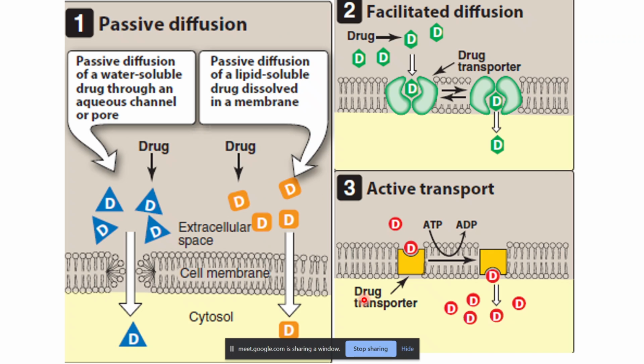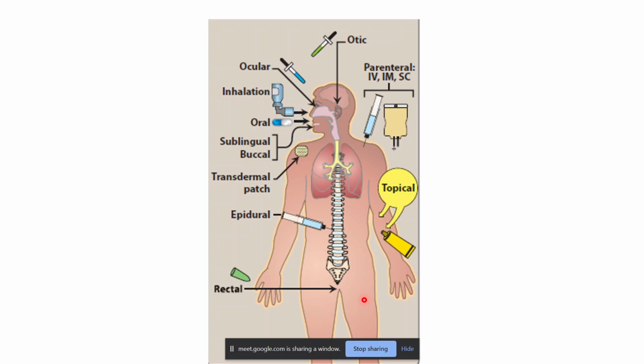So other routes of administration include inhalation. Inhalations are used mostly by asthmatic patients with an aerosol, the same aerosol that you use for deodorant or in perfumery.